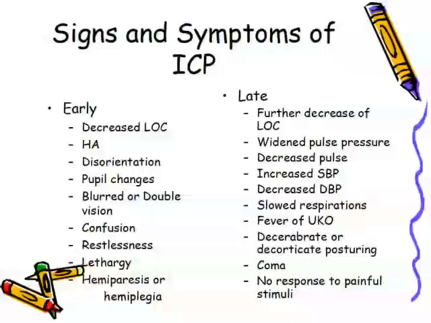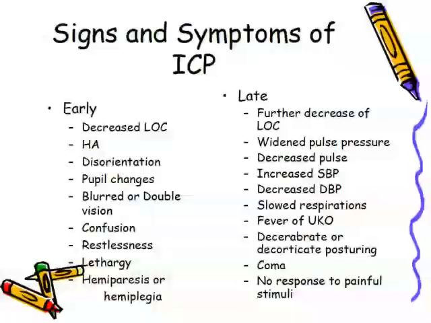You may have trouble arousing them. The patient may initially complain of a headache, be disoriented. You might note some pupil changes, changes within the vision. Patient may state that they're having double vision. They may act very confused or restless. And you may start to notice that the patient is having hemiparesis or hemiplegia problems.